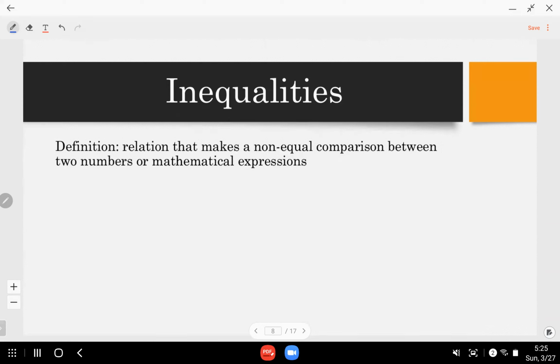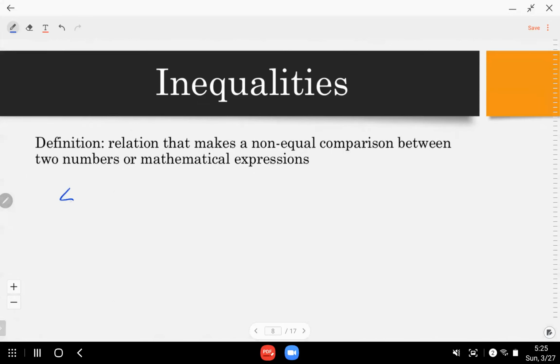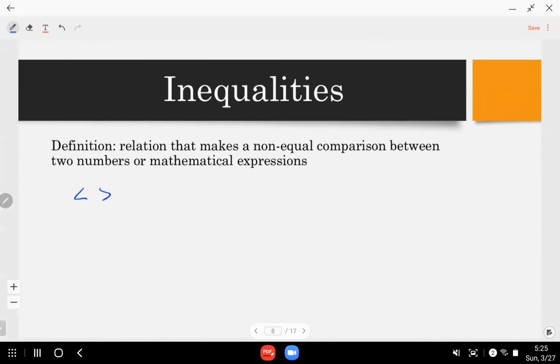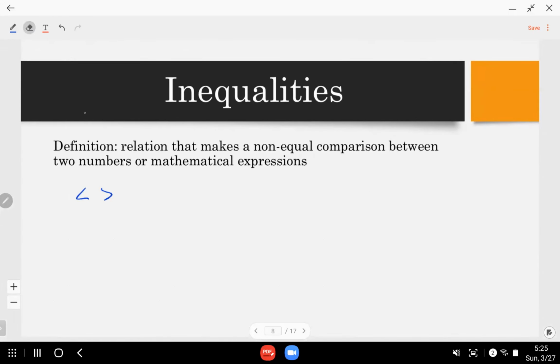But inequalities can have 4 signs. So you're familiar with these, right? These 2 signs. Less than or greater than. But we can also have the inequality signs. All right, so we have the less than.